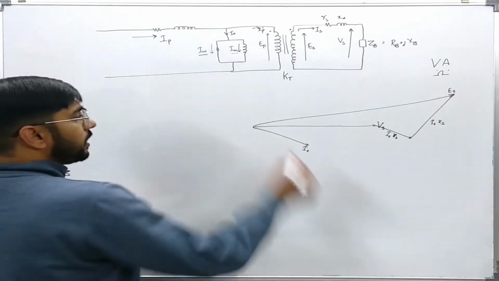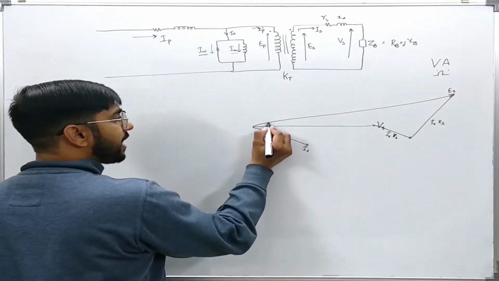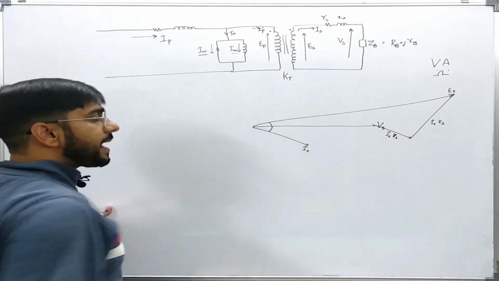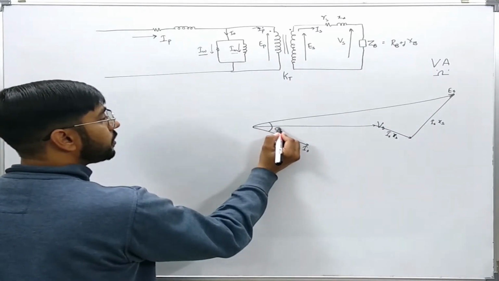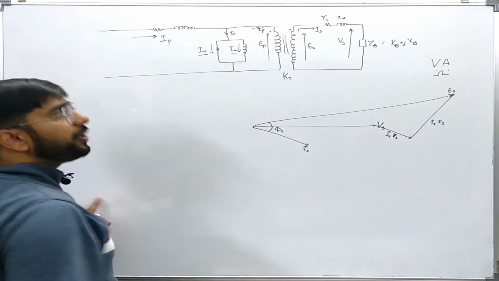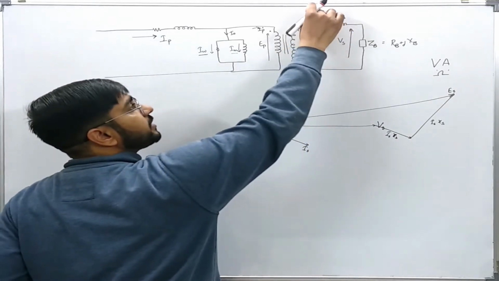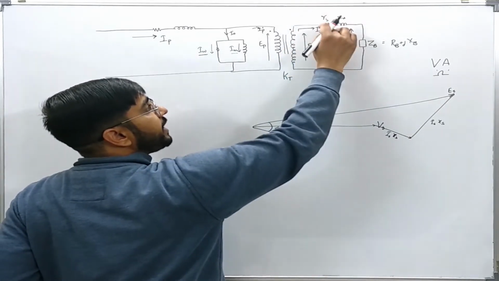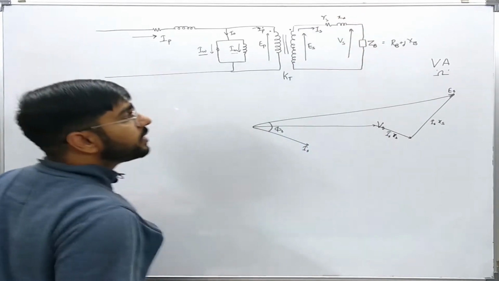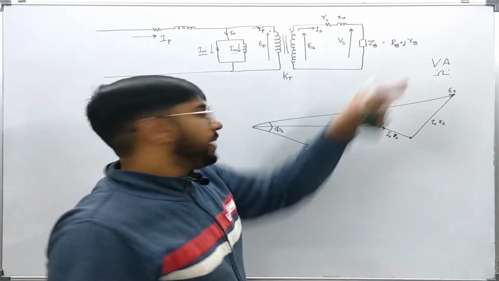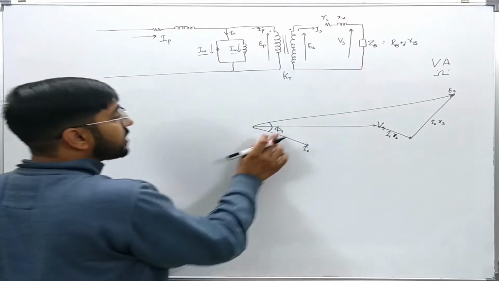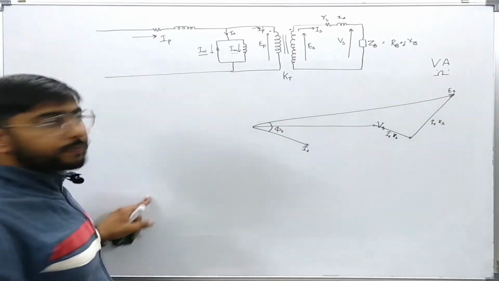I will call the angle between Es and Is as phi s. What I am doing is clubbing the resistance and the leakage reactance of the winding with the burden only, and calling it the secondary side power factor.